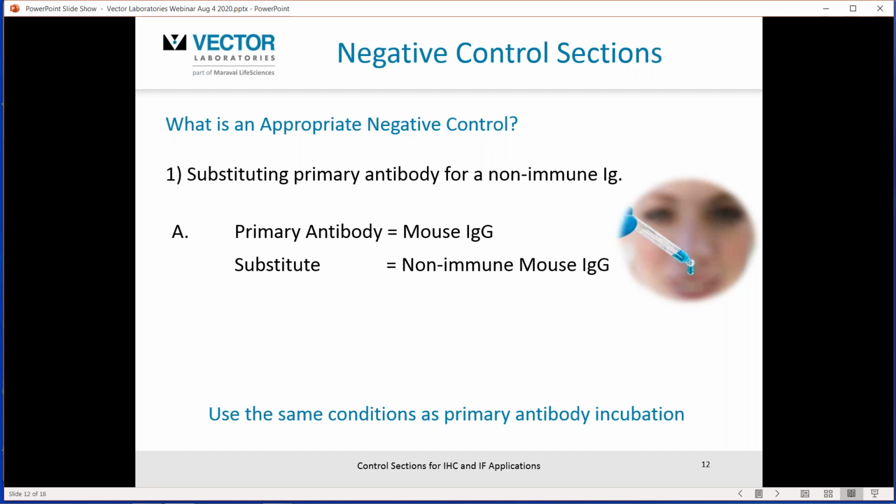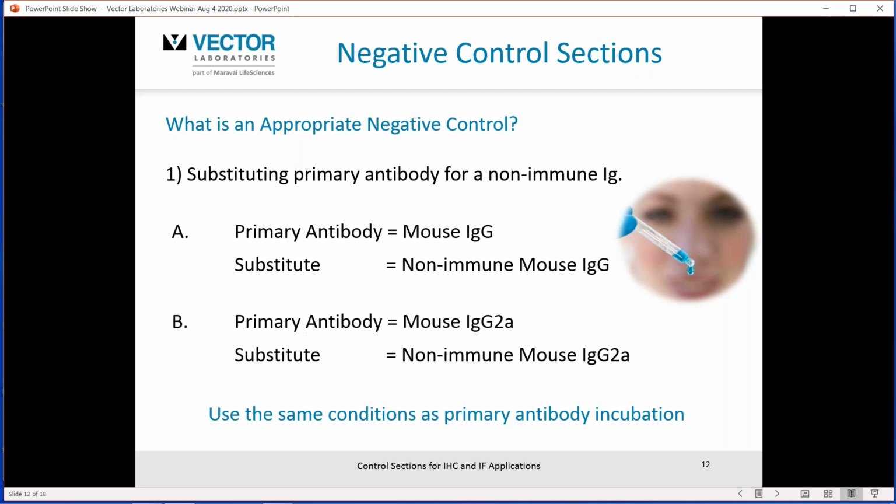Now, in some instances, I will say this non-immune mouse IgG is probably a pool of mouse IgG1, 2A, 2B, etc. Sometimes you may get some toning or background at the same concentration as the primary antibody. If you do encounter that, you may want to have a closer look at that primary antibody. Indeed, if it's something like a mouse IgG2A isotype, you could then use a more defined substitute like a non-immune mouse IgG2A.